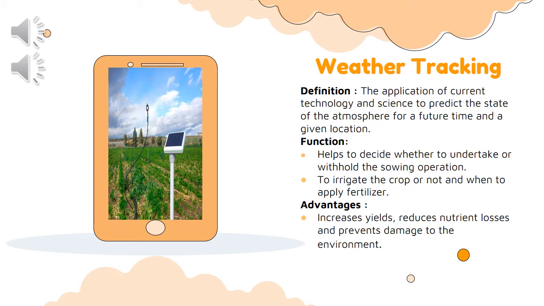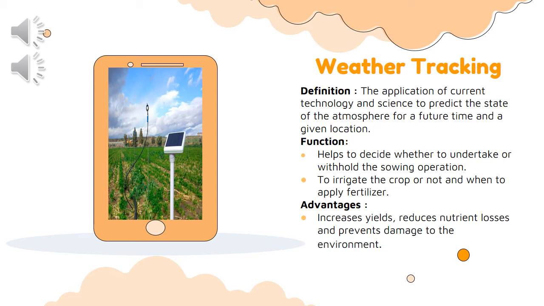The weather forecast even helps with suitable planning of farming operations. It helps to decide whether to undertake or withhold the sowing operation, to irrigate the crop or not, when to apply fertilizer, and whether to start complete harvesting or to withhold. These are the major components for which forecasting is a must.